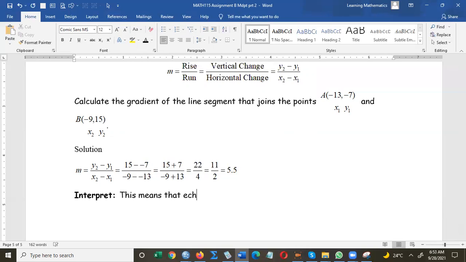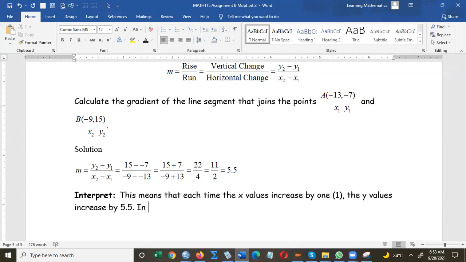This means that each time the x values increase by 1, always 1, the symbol 1, always 1 when interpreting the gradient with regards to the x values, the y values increase by 5.5, by the gradient value.